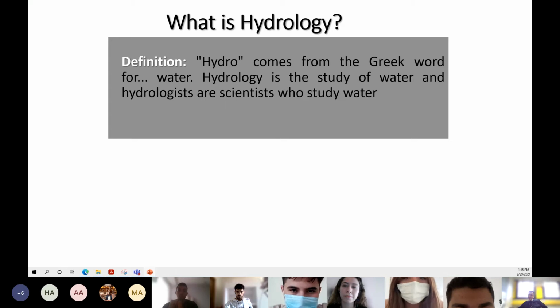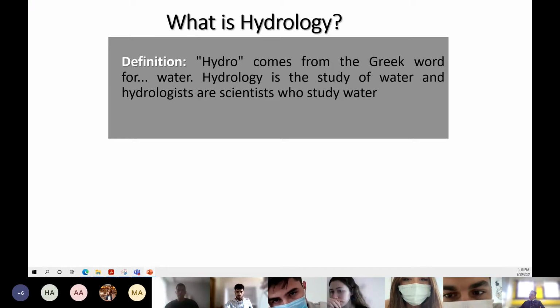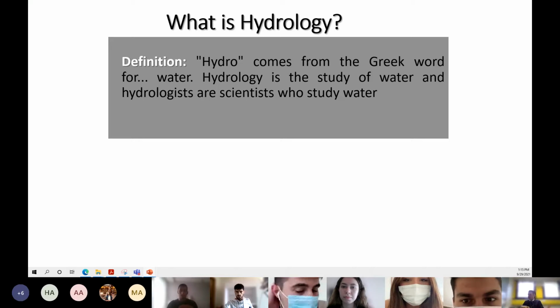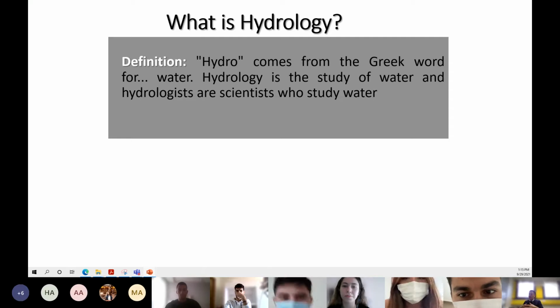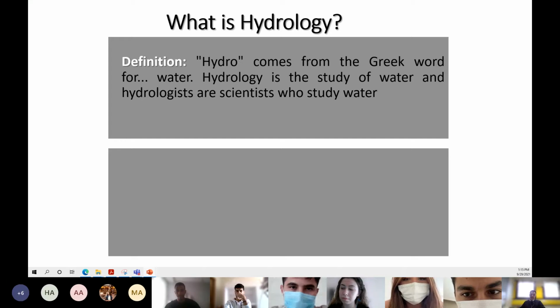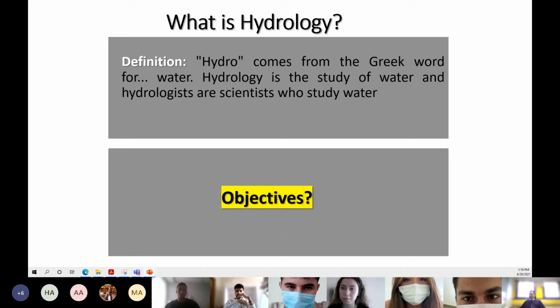Definition. Hydro comes from the Greek word for water, and hydrology is the study of water, and hydrologists are scientists who study different aspects of water. As a civil engineer, some of your duties deal with water: gathering, transforming, controlling, regulating rivers, dealing with floods, dealing with precipitation, distribution of water, some environmental issues, the chemistry of water, and so many other things.